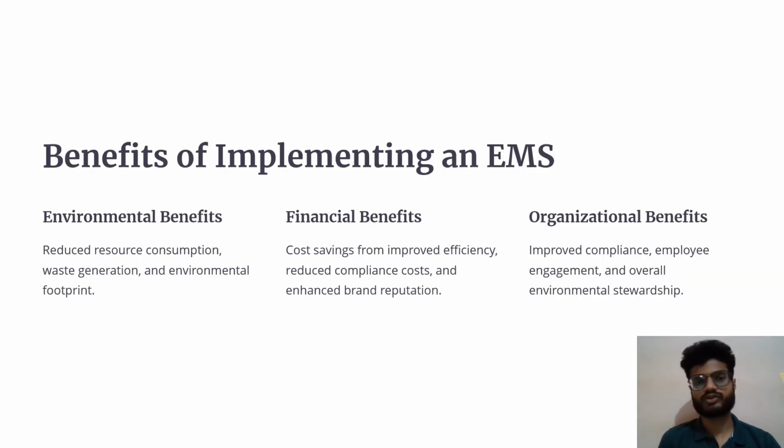So, the benefits of implementing an EMS, or environmental management system. The first one is environmental benefits, and we are going to talk about the advantages to the environment. We are going to reduce resource consumption.